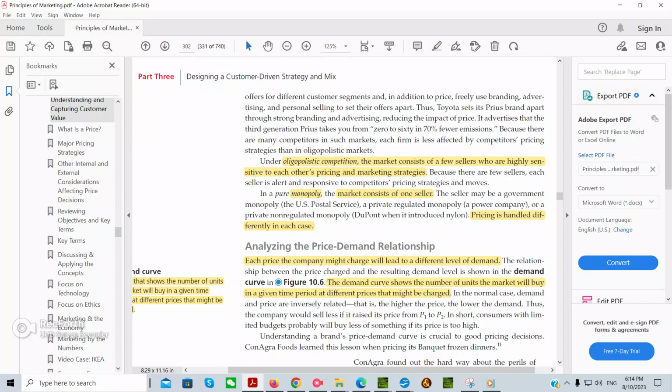In the normal case, demand and price are inversely related, meaning they go in opposite directions. The higher the price, the lower the number. Price is Y, demand is X. Technically, once the price goes past the saturation point, the demand goes down.